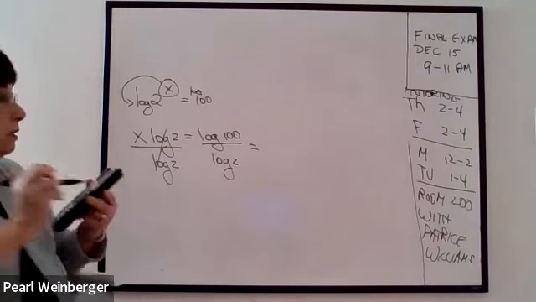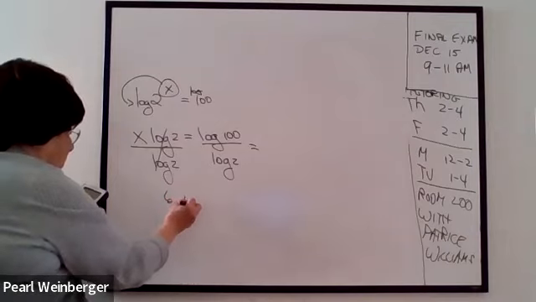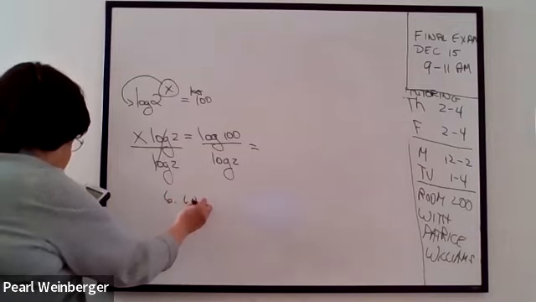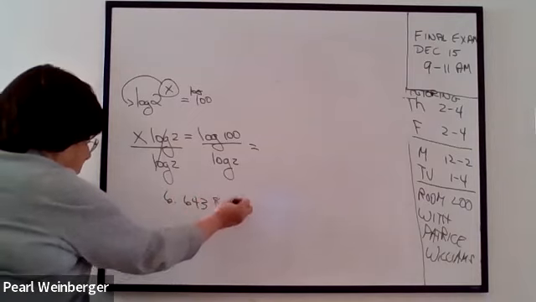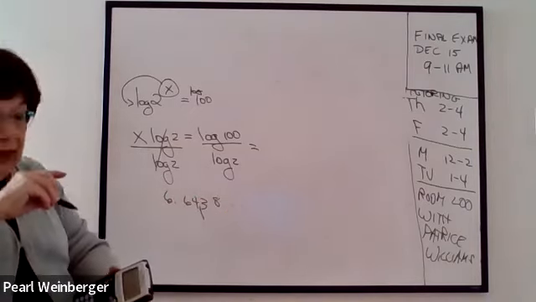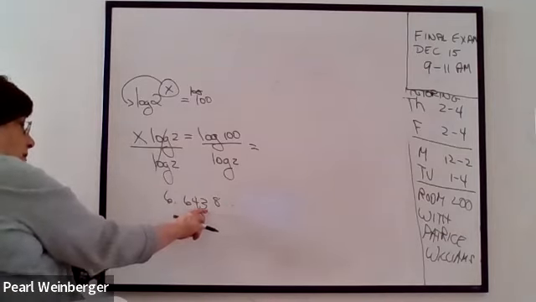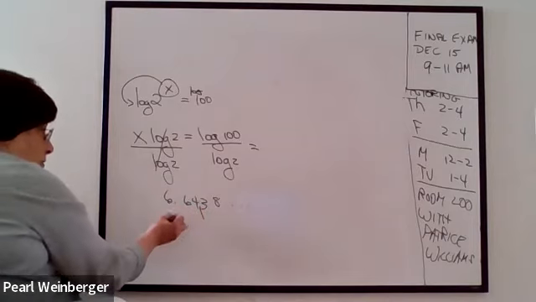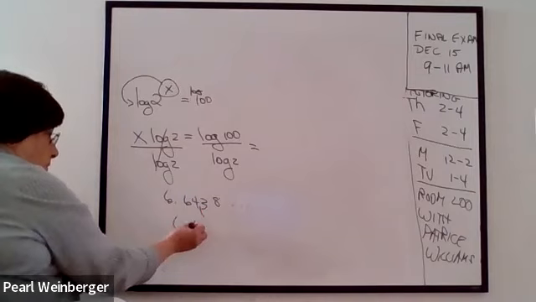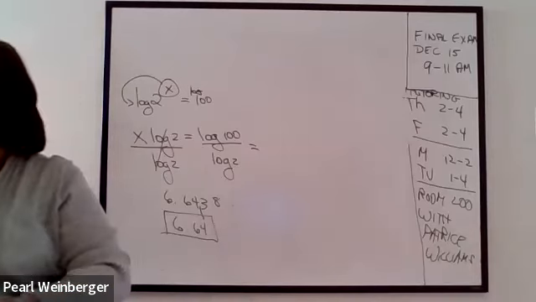And I get 6.6438, etc. I said I wanted it to the nearest hundredth, that's being 2 decimal places. Again, the number after that second place is 3, it's less than 5, so it just becomes 6.64 is your answer. I hope some of you were able to get that.